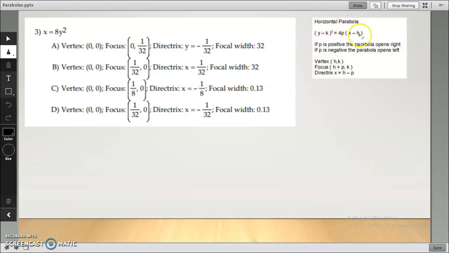This time I have the horizontal. And why do I have the horizontal? Because my y is squared this time. Again, my vertex is 0, 0. That's pretty easy to see because I'm not adding anything to my x or my y.